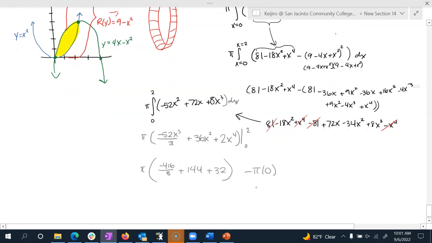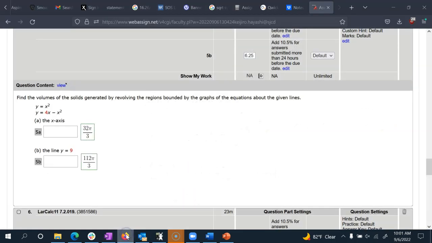So this will be 176, which in terms of thirds is 528 thirds. So it's negative 416 thirds plus 528 thirds, the difference of which would be 112 thirds. Okay, so pi times 112 over 3. Which is thankfully correct.